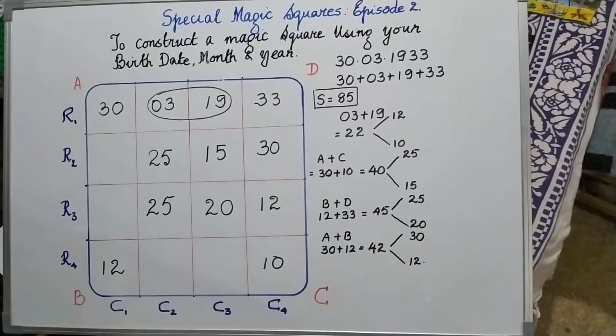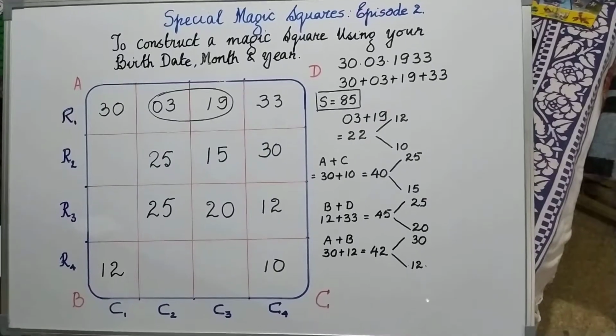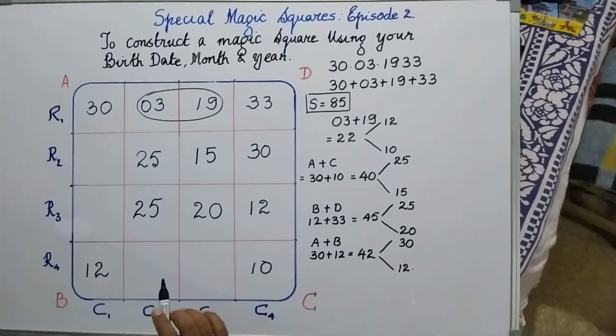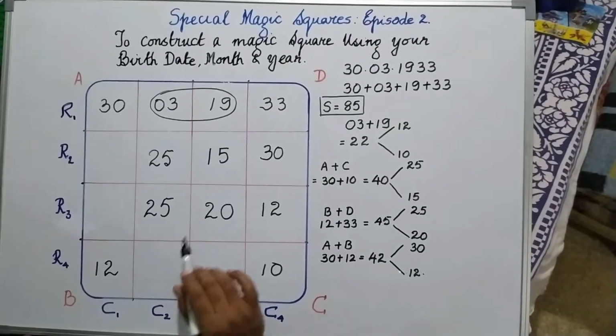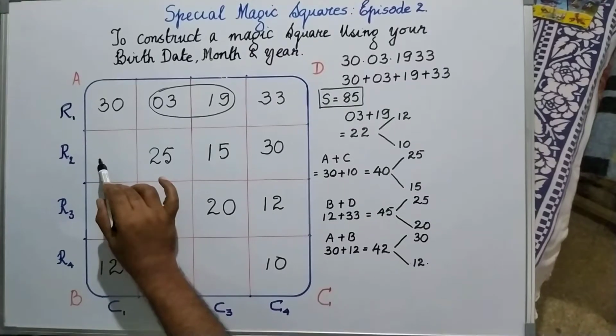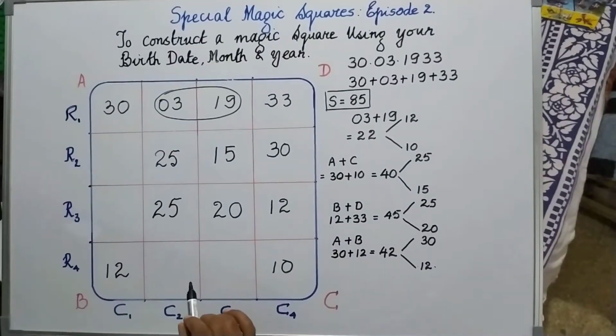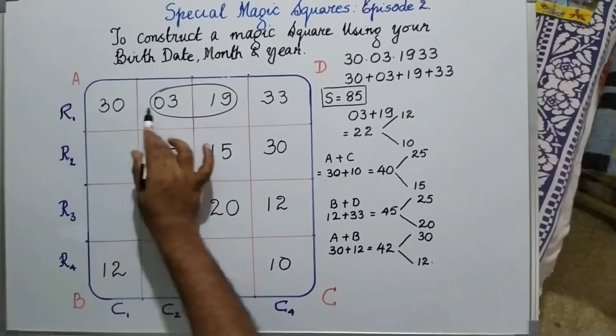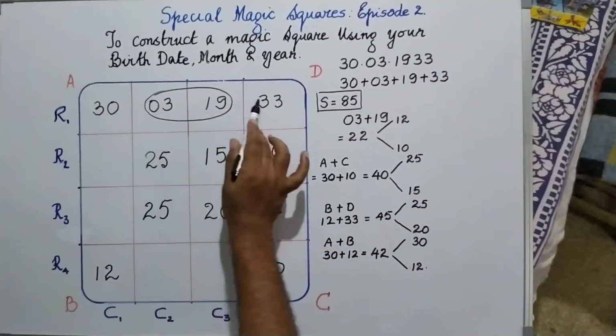How do we find out, or what do we do now? The magic sum is 85. Using the magic sum, we will try to find out the grid which is empty. In the first row, all the 4 grids are filled up.